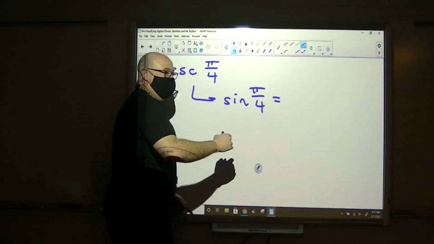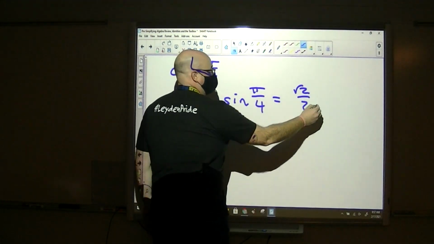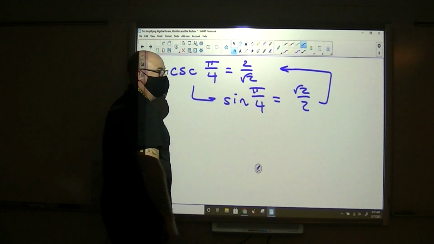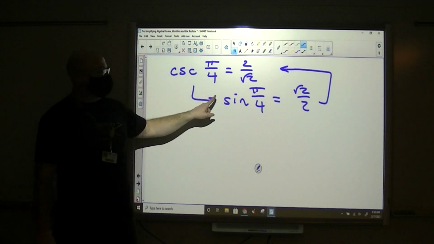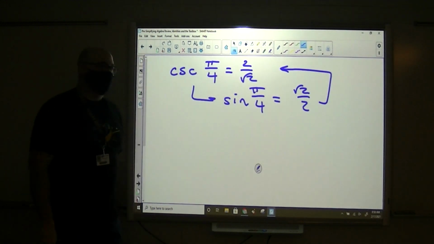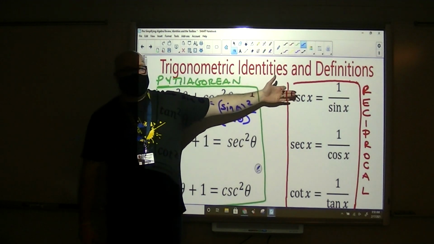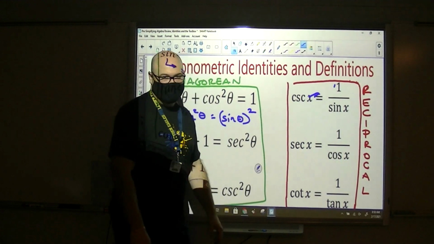And when you get your answer, flip it over. So the answer was 2 over radical 2, and then we would simplify that. This is how we talked about the reciprocals before. Now when we talk about the reciprocals, it's substituting this in place of that and vice versa.